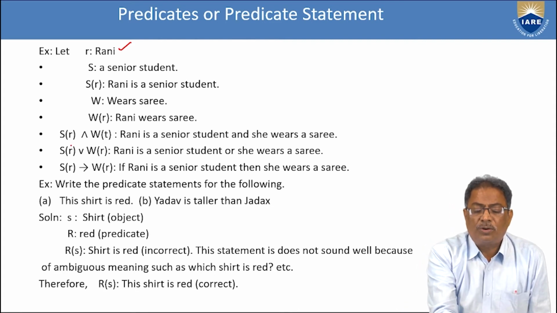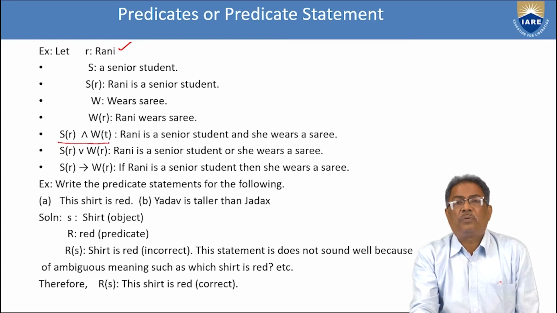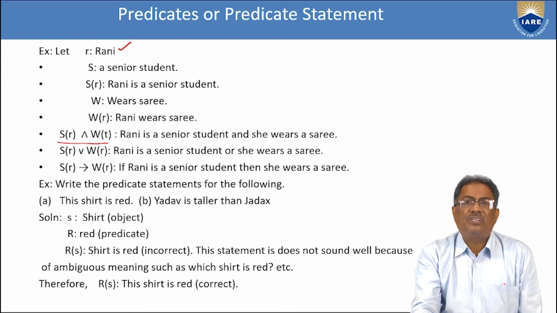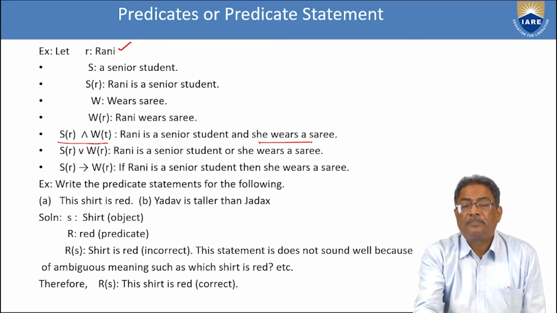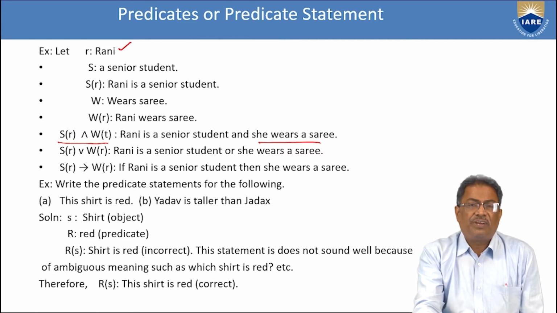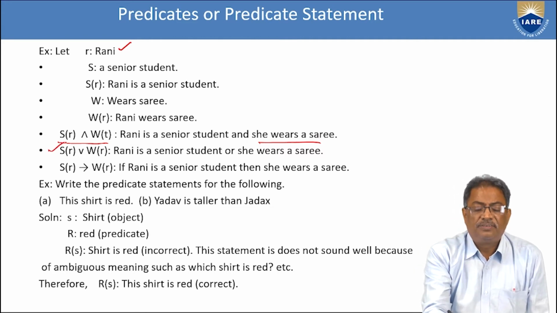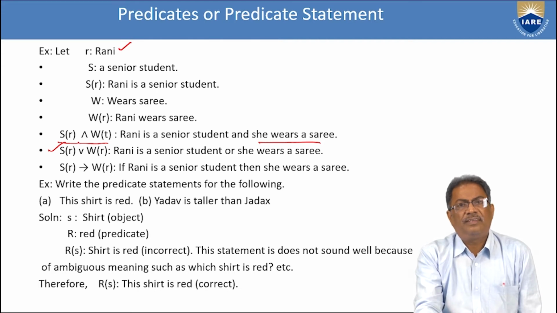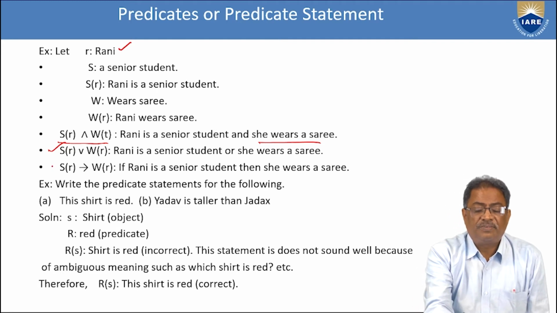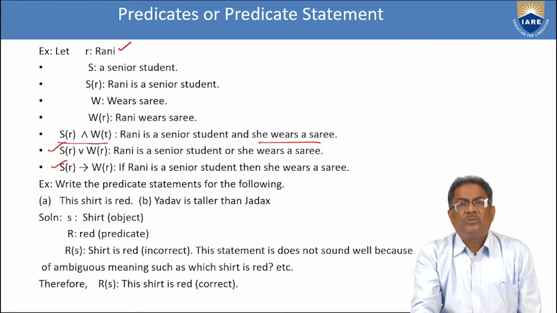The compound propositions can be represented in sentence form as: Rani is a senior student and she wears a sari; similarly, Rani is a senior student or she wears a sari; and the third one, if Rani is a senior student, then she wears a sari. These are compound predicates.